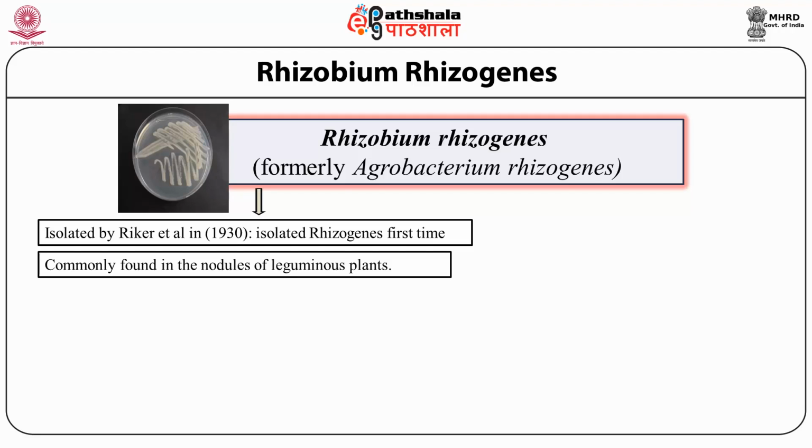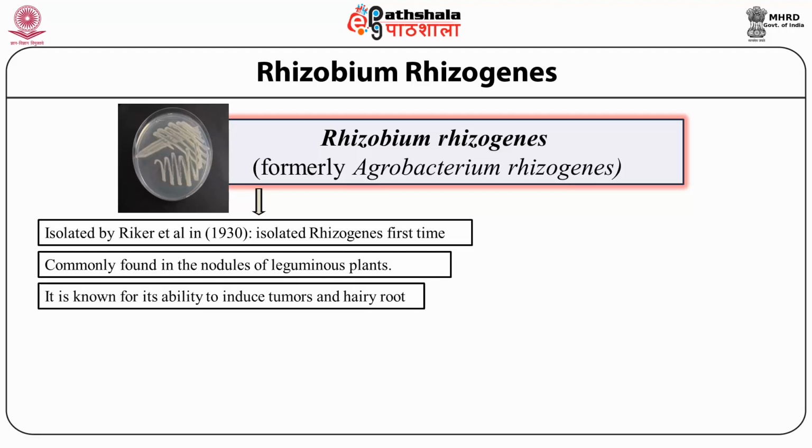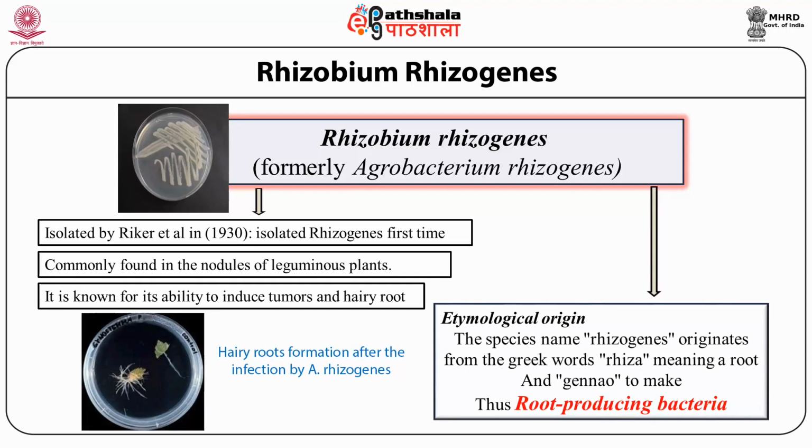This type of bacteria causes tumor or hairy root symptoms in the infected plant part. The species name rhizogenes comes from the Greek words rhiza meaning root and genes meaning to make, a root-producing bacterium. That means after infection, the bacteria cause hairy root-like structures at the infected part.